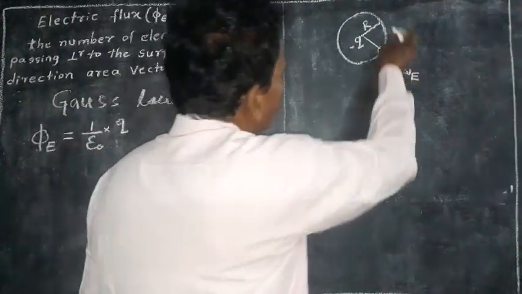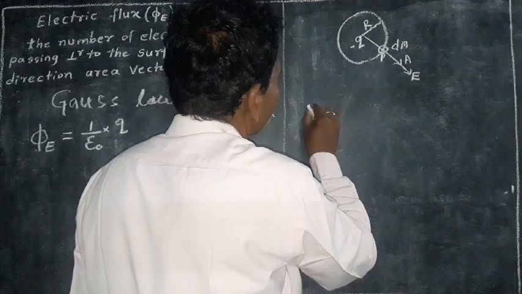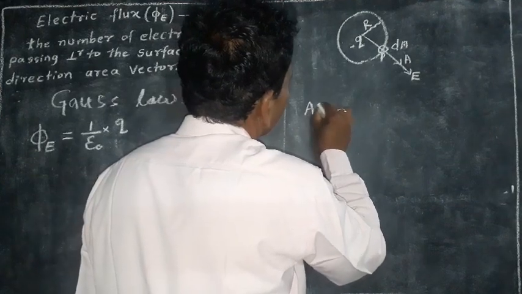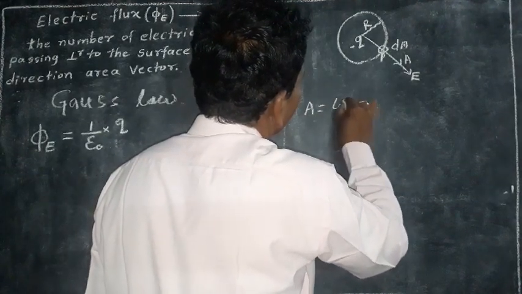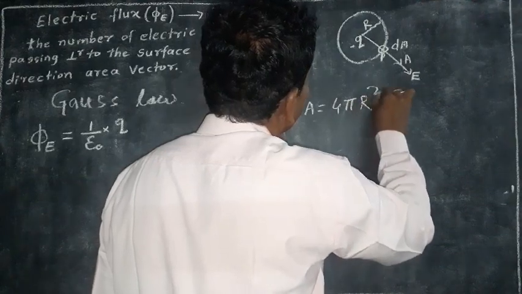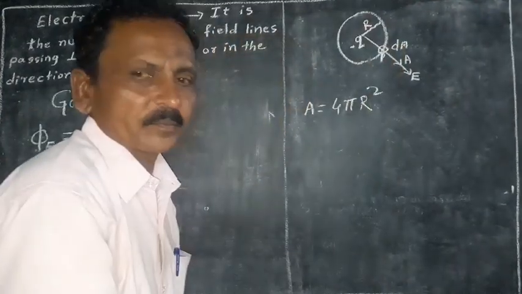And the area of the sphere is given by A equal to 4 pi r square, where r is the radius of this sphere.